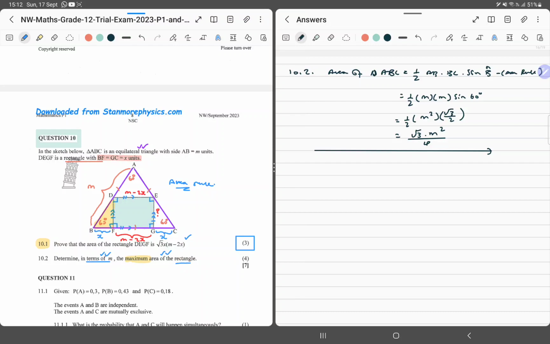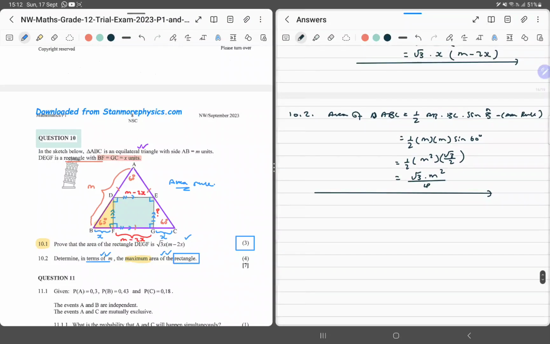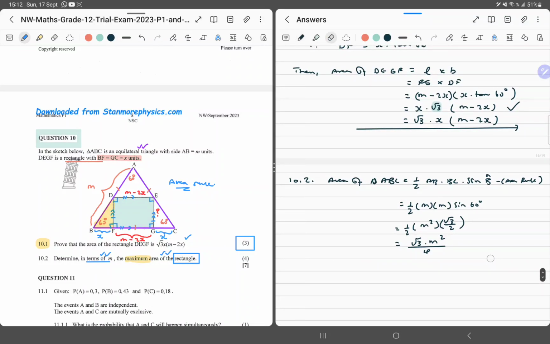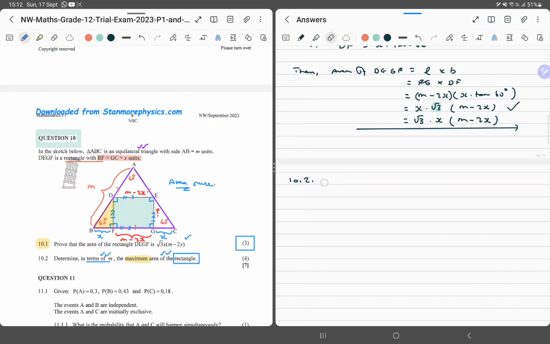My goodness. Of the rectangle, not triangle. Okay. So sometimes I know when you get to these sections, you will feel like you're dead. So it's okay, guys. Mistakes, okay. Okay, the maximum area of a rectangle.